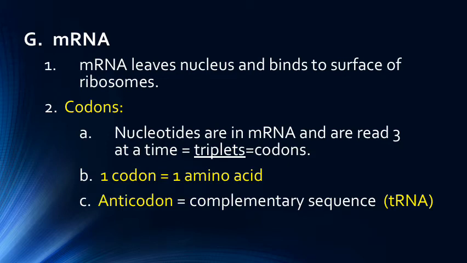Now, when we talk about transfer RNA, we're also going to talk about the anticodon. The anticodon is the complementary sequence to the messenger RNA. What is interesting is that we're talking about the string of letters on the messenger RNA because those are the codons. Regardless of what type of organism it is, on the entire Earth, there are only 64 codons identified.